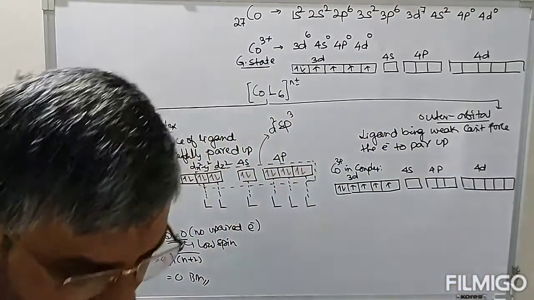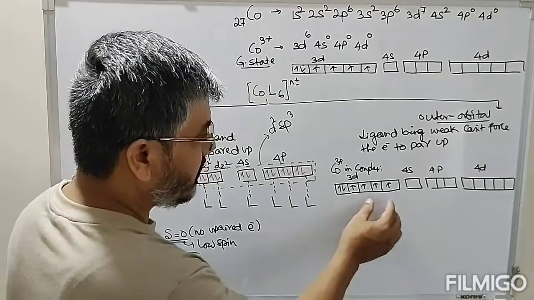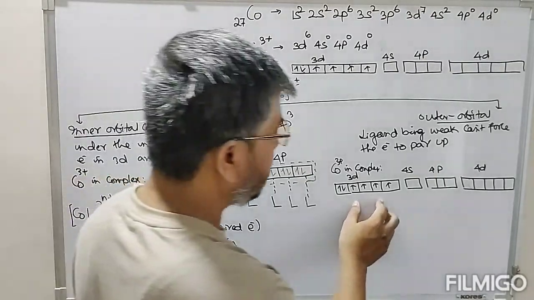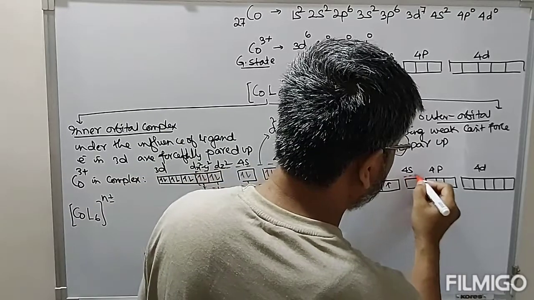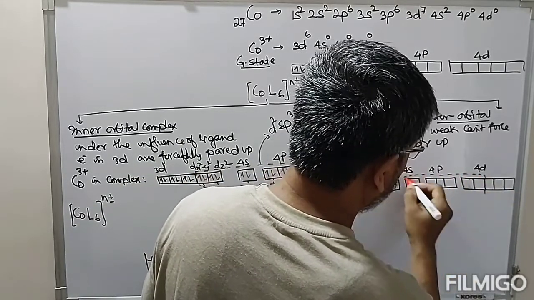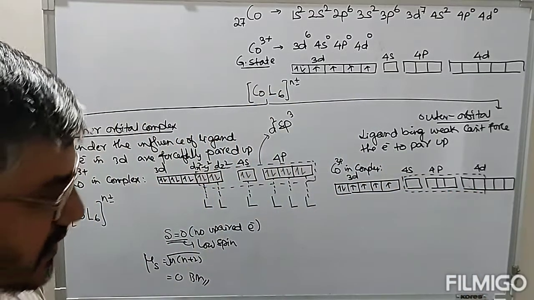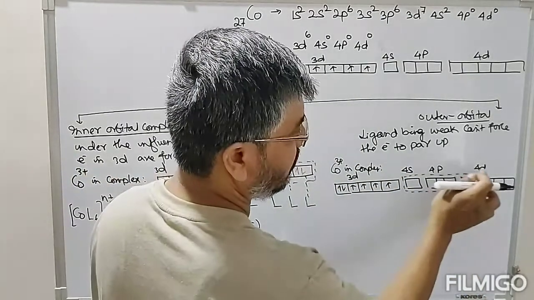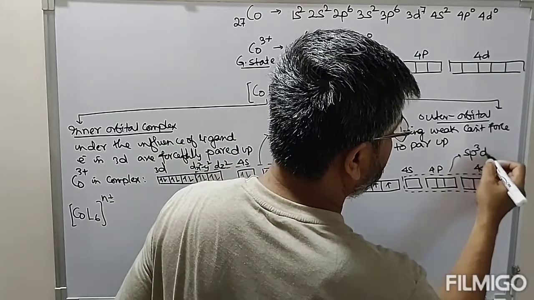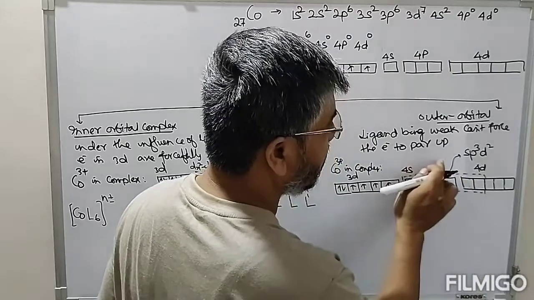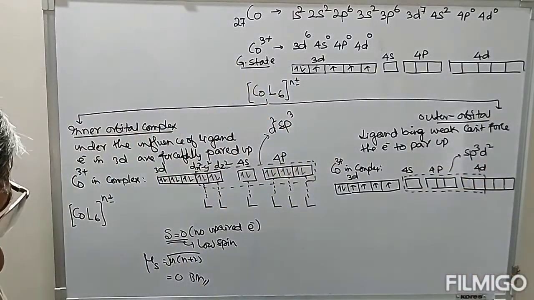Now since the ligand cannot force these electrons to pair up, no vacant d orbital is present in the 3d shell or third shell, so it has to use the 4th shell d orbital. So these undergo intermixing to give 6 equivalent energy hybrid orbitals. Now since it uses the valence shell d orbital, the hybridization is sp3d2. So s is from the 4th shell, p is from the 4th shell, d orbital is also from the 4th or the valence shell.